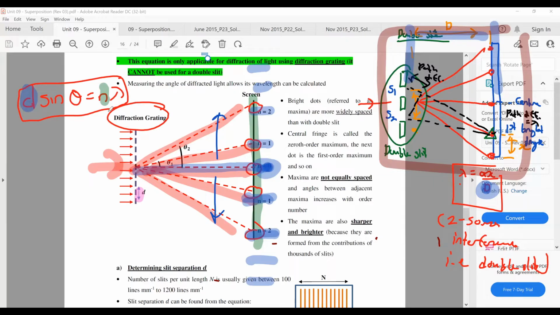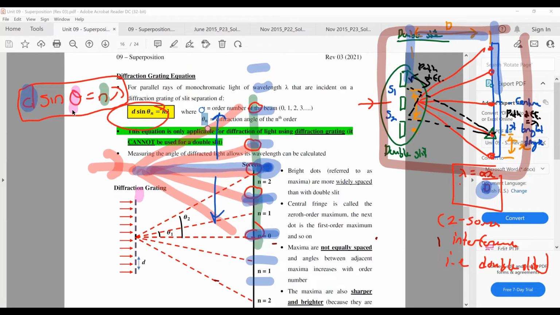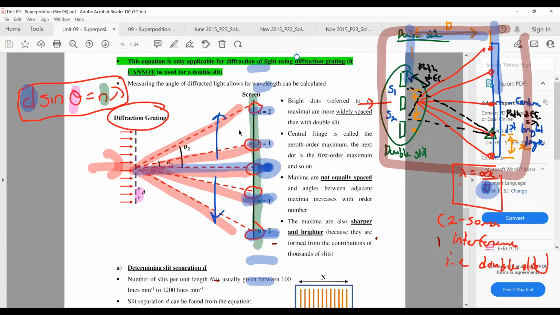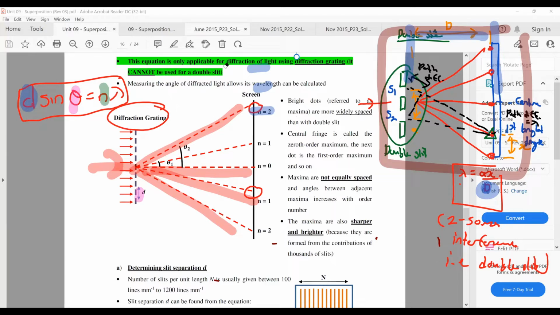All right. And then the other thing here is the angle theta. Angle theta here refers to the diffraction angle. We call it the diffraction angle of the nth order. What we mean by that is this. If, for example, I'm doing a calculation that involves first order, the first order is this line here, right?